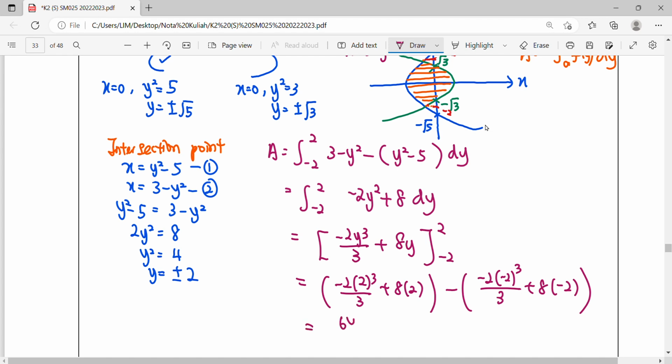We can evaluate this answer using a calculator. Then put our units squared.